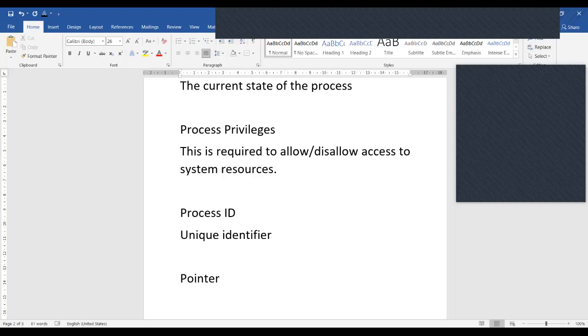But when you are talking about a child process, then the pointer will point to the parent process. So we can say that this is a pointer to the parent process. Is it clear to everyone? Is there any confusion in this pointer? Or should I clarify?